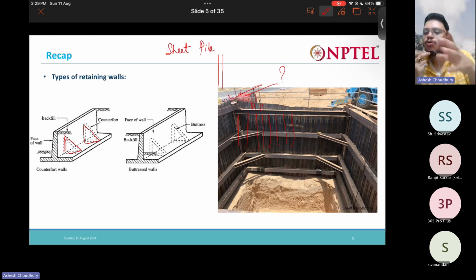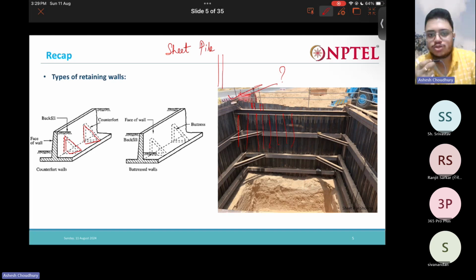In that case, we drive the sheet piles into the river bed and then pump the water out. Inside we get a dry environment, and then we can do the piling and start constructing the pier of the bridge.